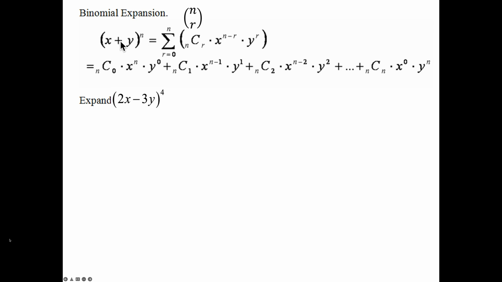So if I had (x + y) to the n power, the n goes on the top, r starts at 0, and your combination numbers are going to be your row numbers out of Pascal's triangle. You're going to multiply it by this first term to the n minus r. This is your decreasing power, times your second term raised to the r, which is your increasing power.